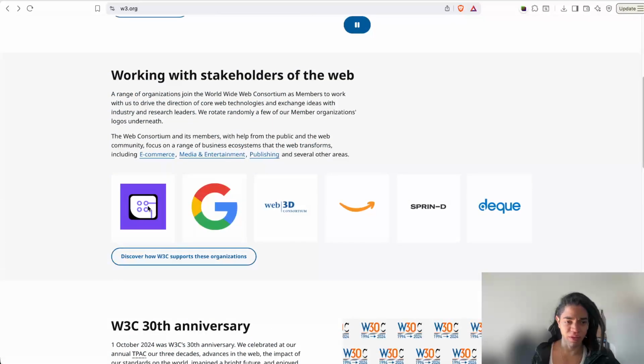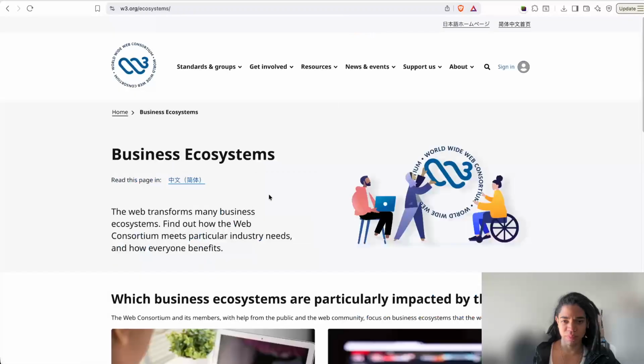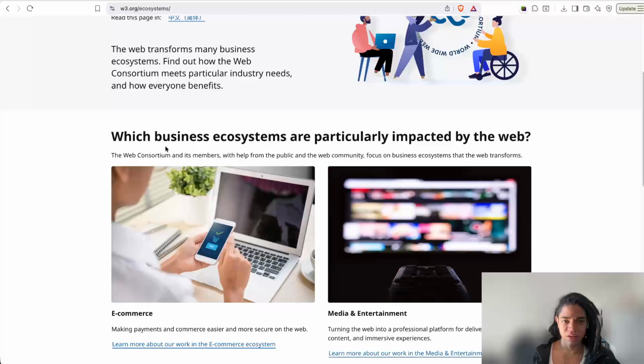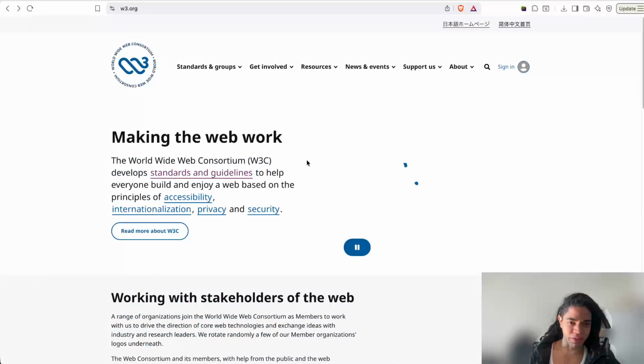Okay, so now they're working with stakeholders, right? Discover how W3C supports the business ecosystem. So let's read about this. The W3C develops standards and guidelines to help everyone build and enjoy a web based on the principle of accessibility. This is why you have now that kind of guidelines.